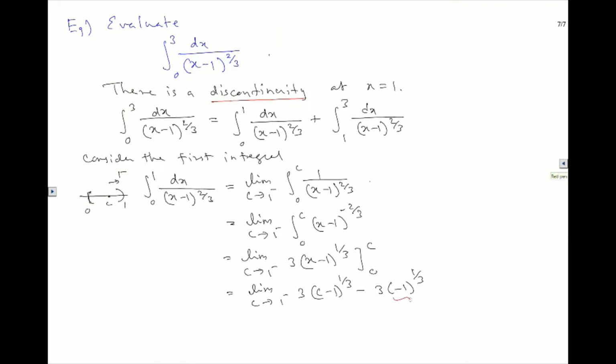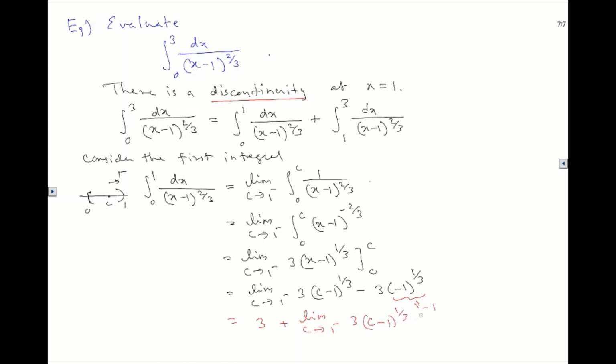So that is simply negative 1. So this all becomes 3 times the limit of (c minus 1)^(1/3) plus 3.